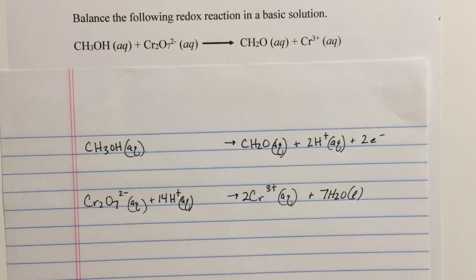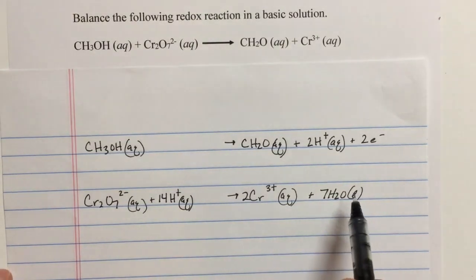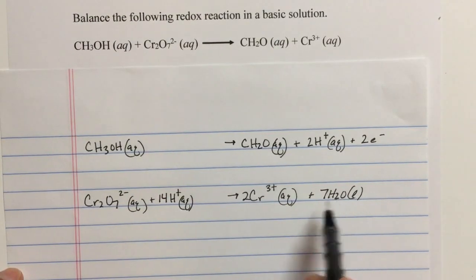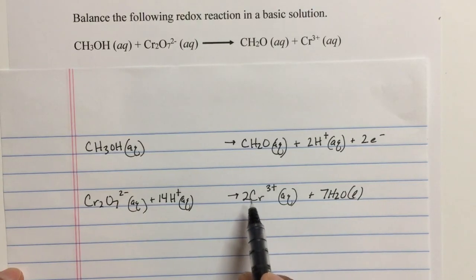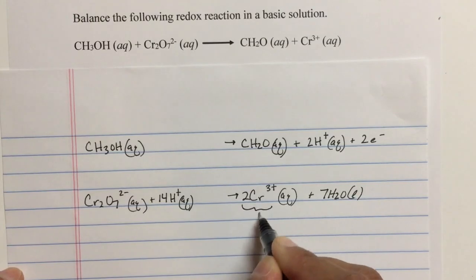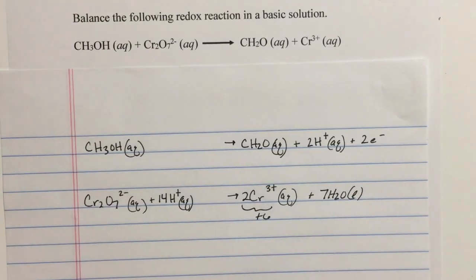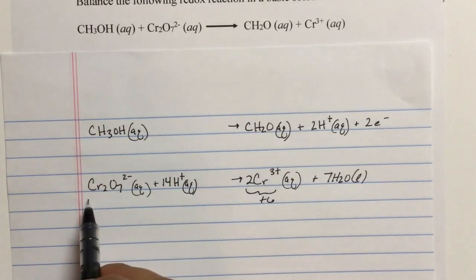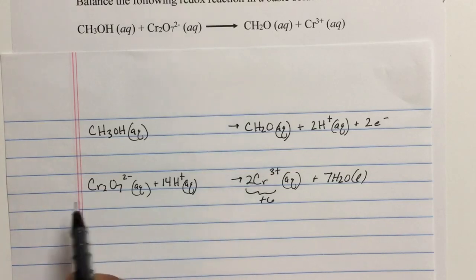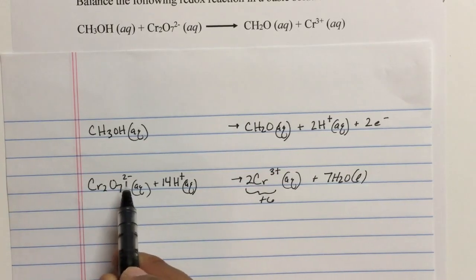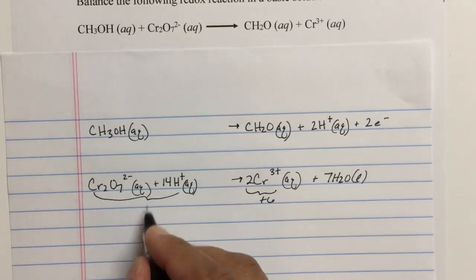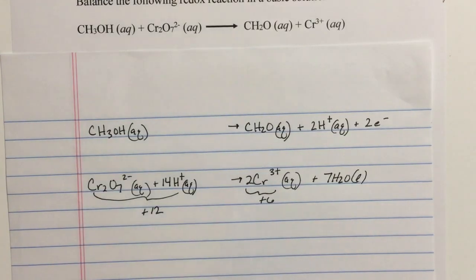And the last thing we'll do is balance the charges. Now here on the product side, you'll notice water is neutral. So right here you've got your 2 times 3, 2 moles of chromium. So the total charge over here is +6. On the reactant side, you've got 14 hydrogen, that's 14 positive charges, and then you have 1 mole of the 2 negative for dichromate, so that's going to give us +12.